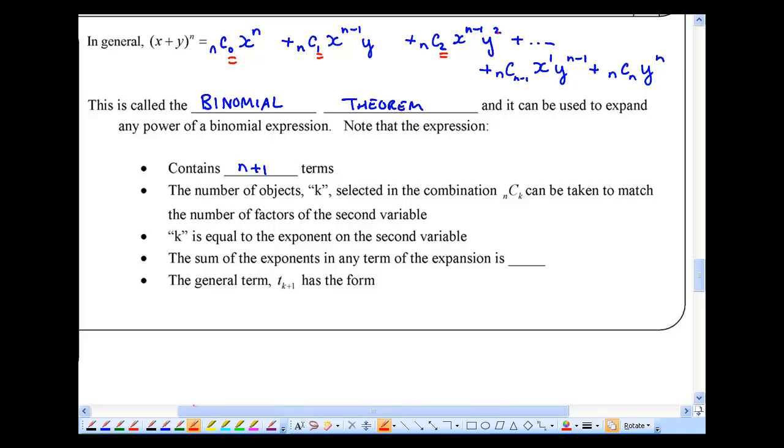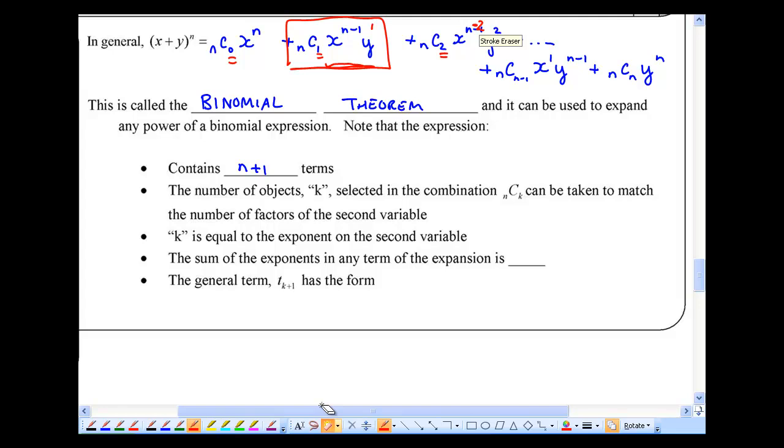The sum of the exponents in any term of the expansion. So if I look at one particular term, let's say over here, and I ask, what's the sum? Well, this is n minus 1. This is 1. So n minus 1 plus 1 is just n. Over here, oops, this should have been 2, by the way. This is n minus 2. I will change that. Make it look nice.